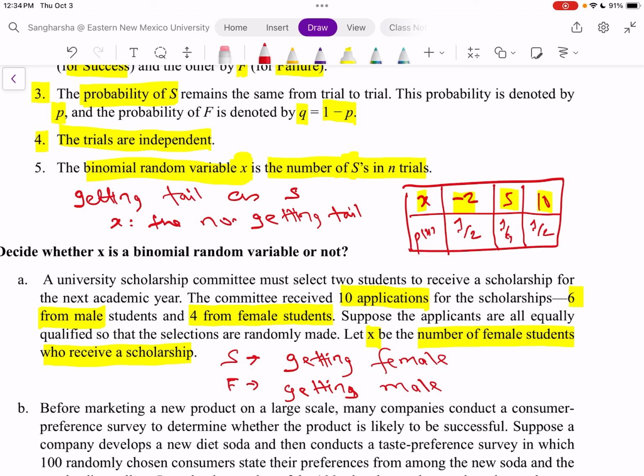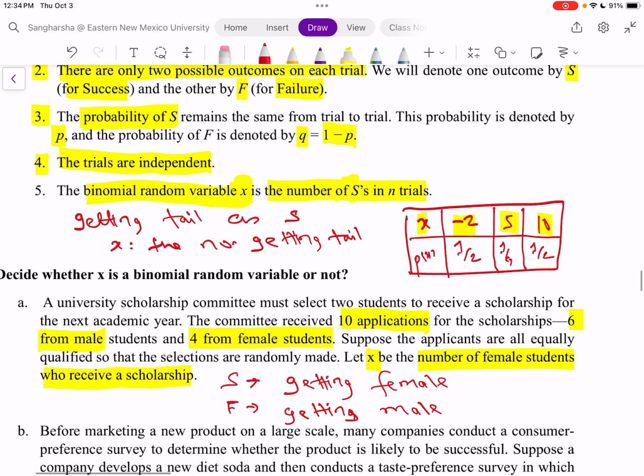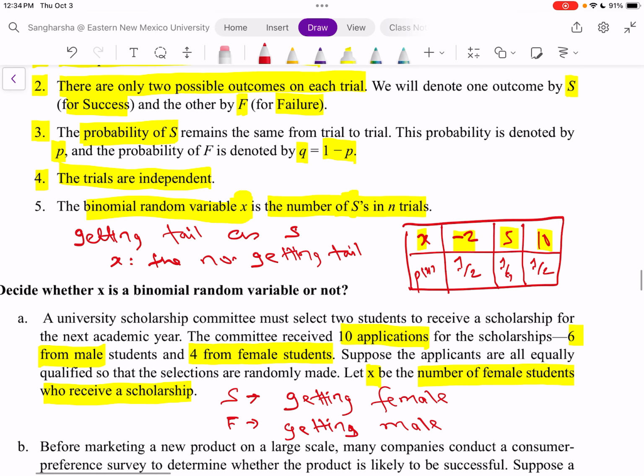You already picked male. So what I'm trying to tell you here is that in each trial we have a different probability. The probability of having success, or of getting female, has to be the same in each trial. But this is not true here. So 3 is not satisfied.